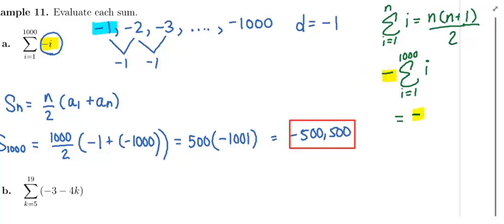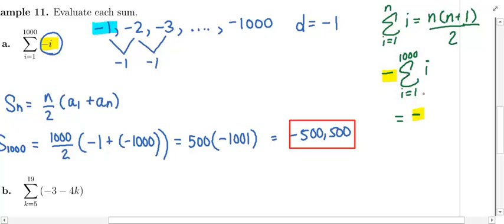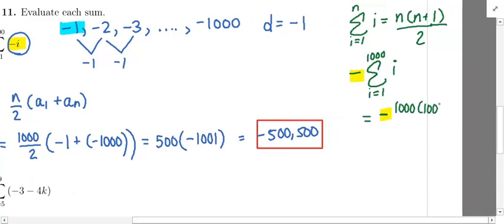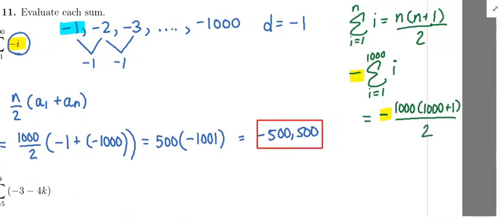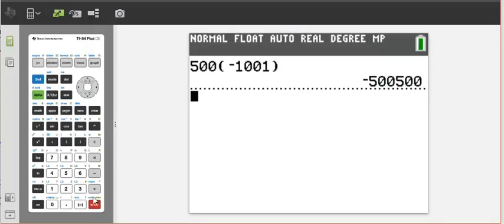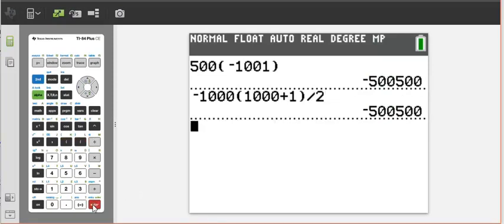We could replace n with 1,000, so it would be 1,000 times 1,000 plus 1, divided by 2. If we go to the calculator and punch this in, we get negative 1,000 times 1,000 plus 1, all divided by 2. We get the same answer.